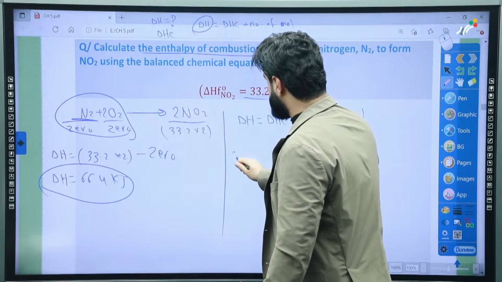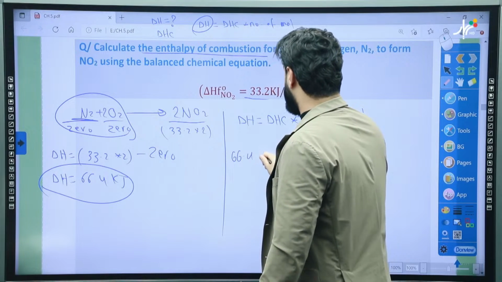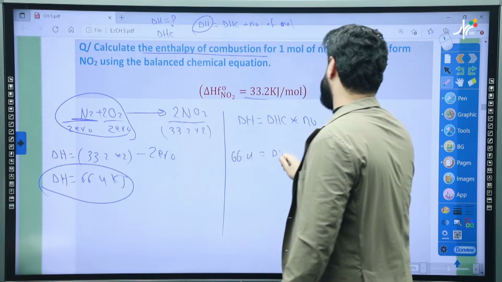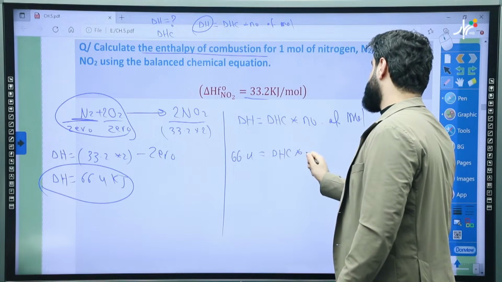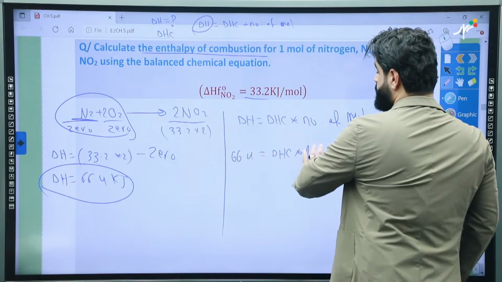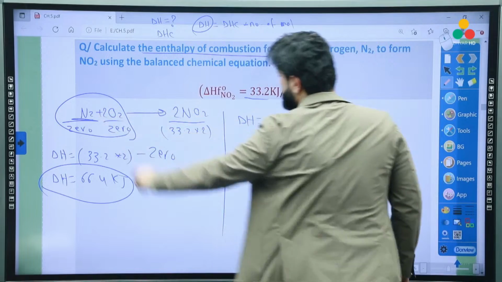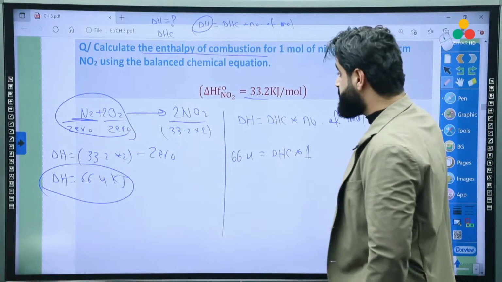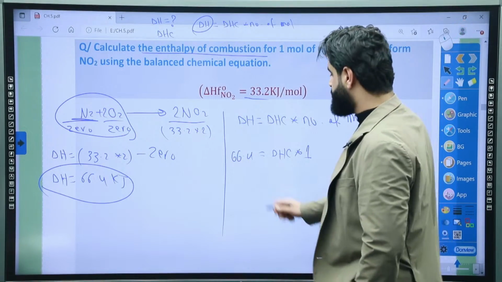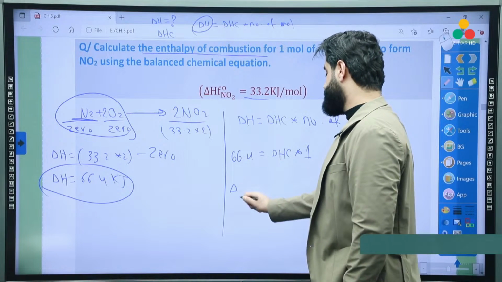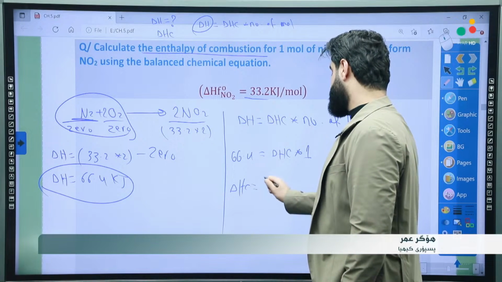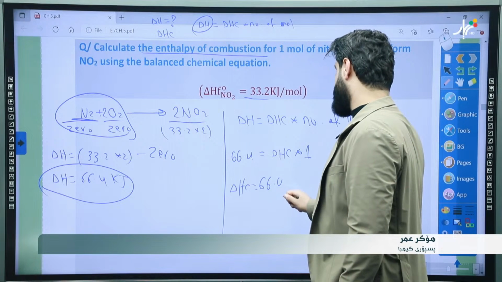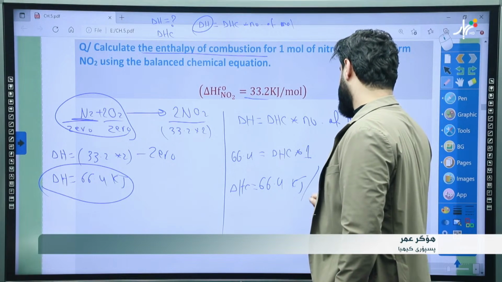So 66.4 equals delta HC times 1. They are equal because of 1 mole of substance. 1 mole of the substance is combusted in a given amount of oxygen. Delta HC equals 66.4 kilojoules per mole.